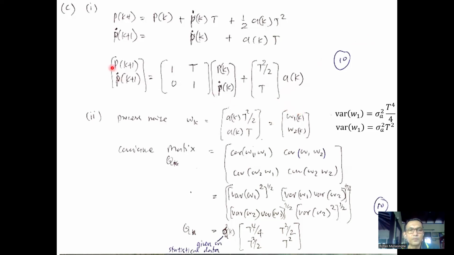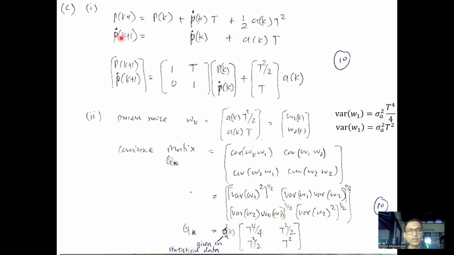Okay. Now let me explain it to you again. The first equation over here is how the position changes from k to k plus 1. And we know it is present position plus velocity times time plus half acceleration times T squared. And how the velocity changes from k to k plus 1 is in the second equation.